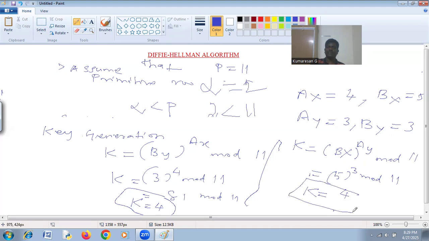So the sender side and the receiver side are both calculating the keys, and finally they got the same keys. This is what we call symmetric key encryption. Both the sender side and the receiver side generate the same keys. These algorithms have minimum risk.